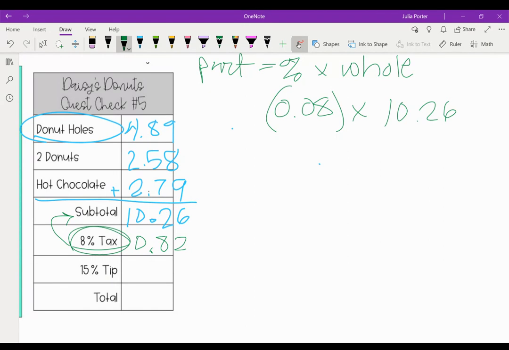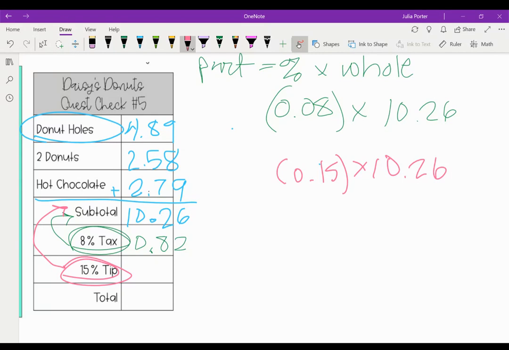Okay, and then from here, we're going to be taking a tip. So you also calculate your tip off of your subtotal. So I'm going to be taking still my same subtotal of 10.26, and I'm going to be multiplying that by my 15% tip, which in rational form would be 0.15.